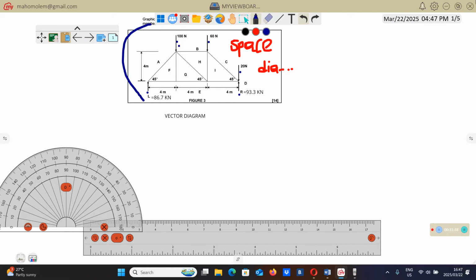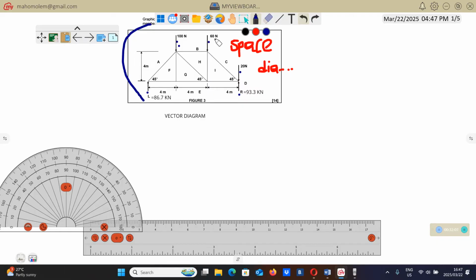When you draw this vector diagram, you can start with any force, it's really up to you, but make sure that where you start, you must move clockwise in this way. If you start with this force of 100 Newton, oh wait, I can see here I have Newton, but the reaction is kN.